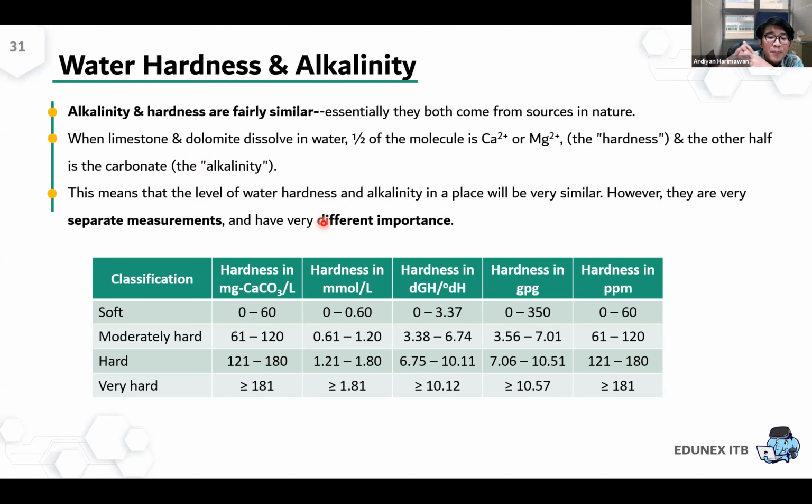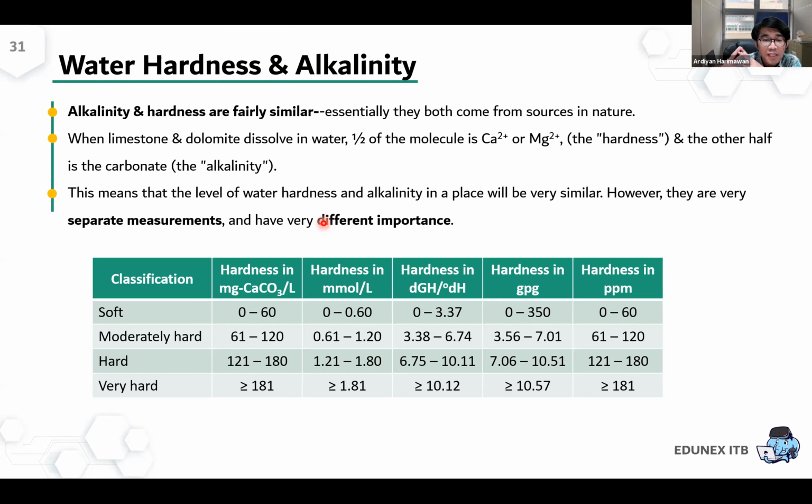In summary, if you have water, you do not want this water to have high hardness, because if you use water with high hardness, the tendency to make scale is high.